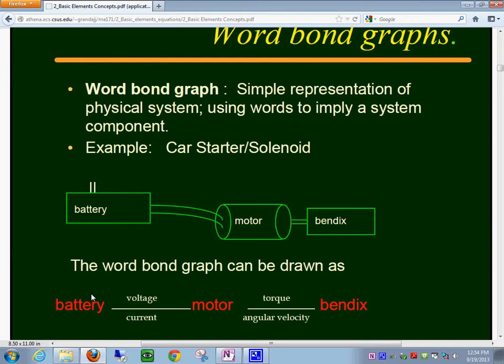You have the battery, you have the motor, and you have the Bendix, which is a little gear that engages on the flywheel of the engine, in the back of the engine of your car, to turn it, and of course, in turning it, other things happen to make it start and run. The point here is that if we have a model of the entire system, you have, on the left hand side, the battery, the motor, and then the Bendix. But what is important here is what is between these two elements.